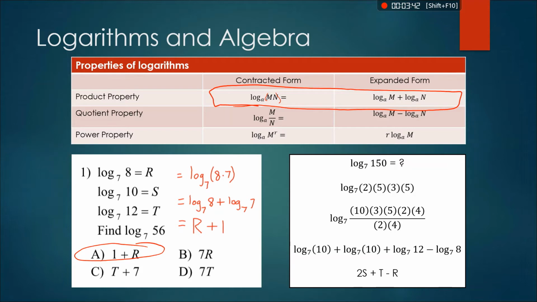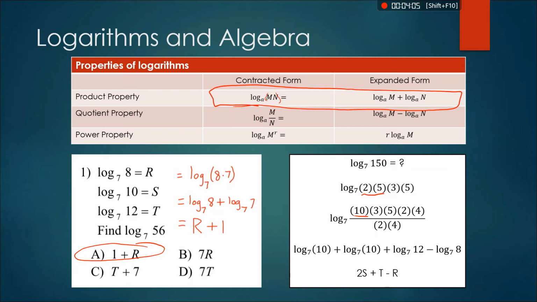Okay, slightly trickier one, same format. If I have log base 7 of 150, that would be 150 is 10 times 15, or 2 times 5 times 3 times 5. So this 2 and 5 can group together to make 10, since log base 7 of 10 is s. But this 3 and 5 don't match with anything we've got.